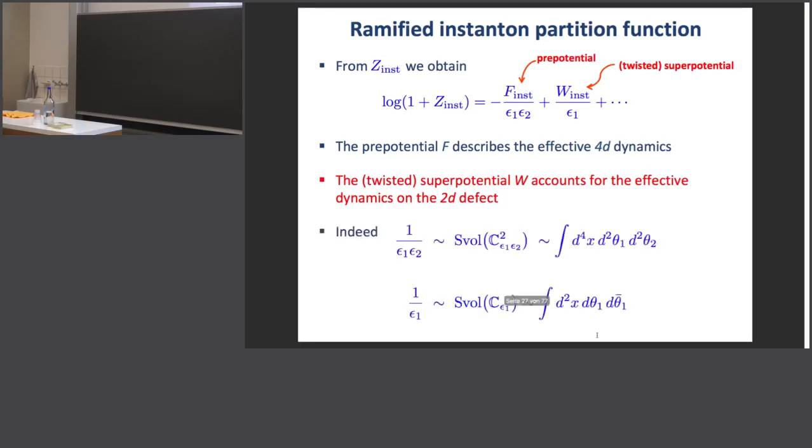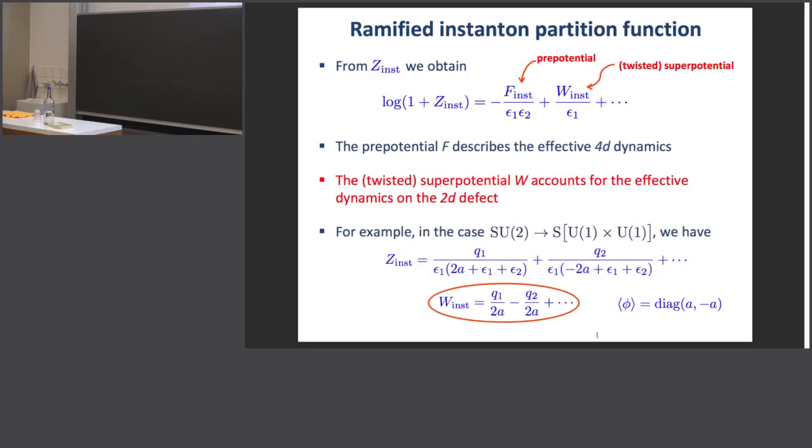This is because in this approach, 1 over epsilon1 epsilon2 essentially is a rough way of writing the super volume, and therefore this explains why this is the prepotential. And 1 over epsilon1, instead, if you look carefully also at the spinor assignments, is actually this term, d^2x d theta d theta-bar, so that it's a superpotential. It's a twisted superpotential.